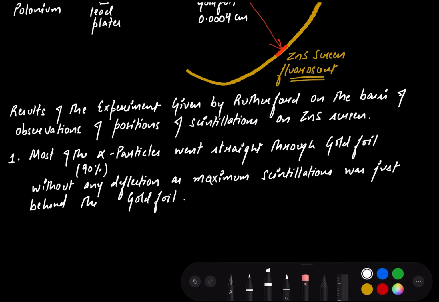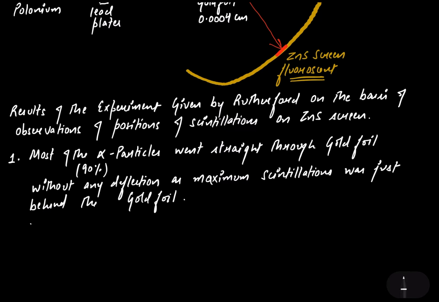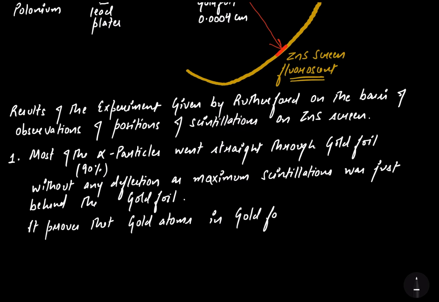So what does it prove? It proves that the gold atoms in the gold foil have empty spaces in them.